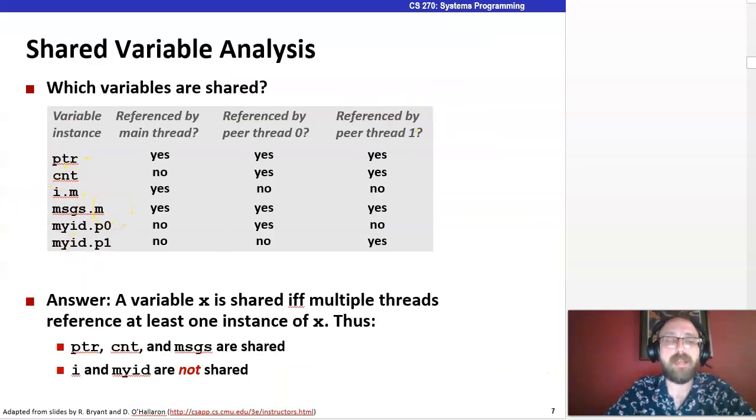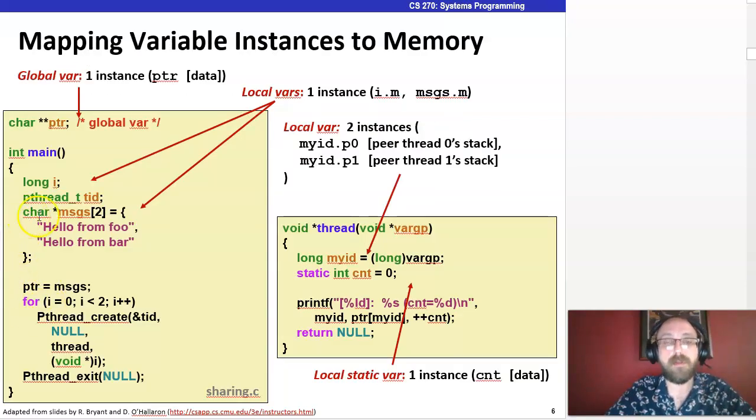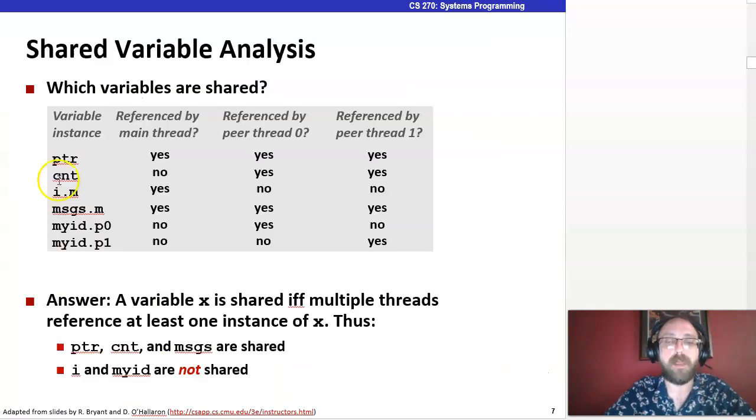Messages in main, even though it's a local variable, so it can only be referenced by that name inside of main, it is shared, in fact, because we make that global pointer point to it. So all the threads can gain and do gain access to it when they dereference the pointer here.